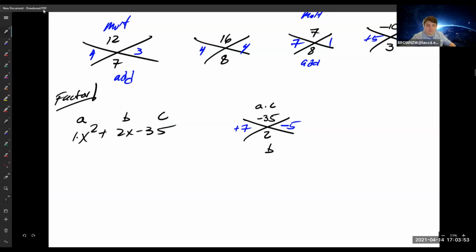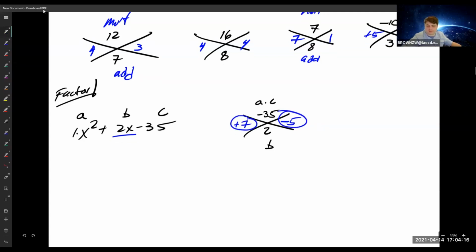Okay, so what these numbers tell me is how I break up my middle term, because we want to do that thing that we did at the beginning, which is factor by grouping. In order to do factor by grouping, I need 4 terms. So we're going to make 4 terms by breaking up this middle term according to these numbers.